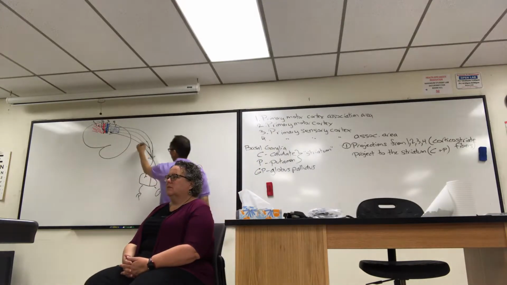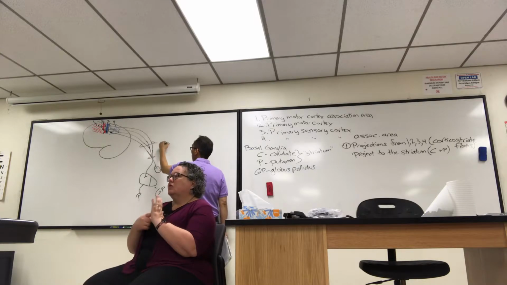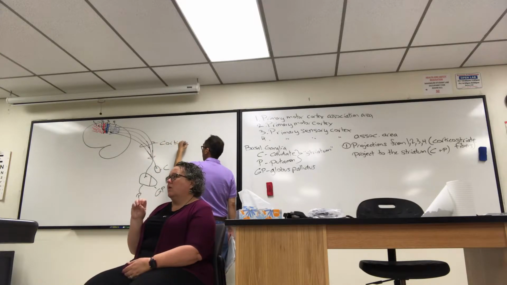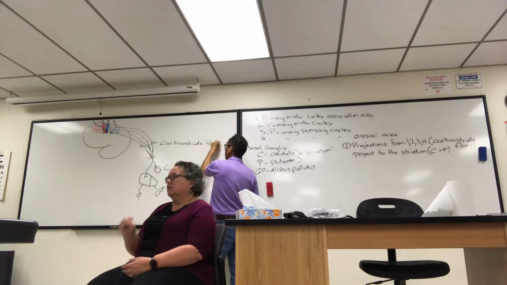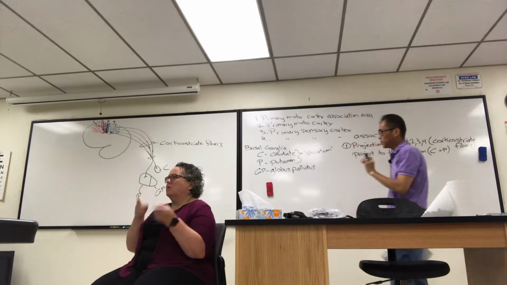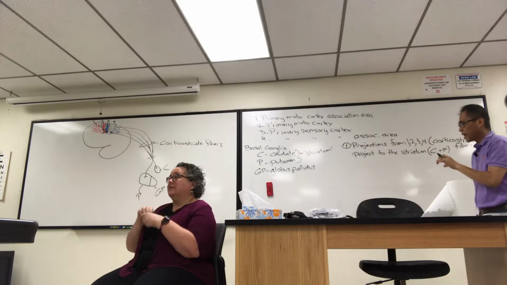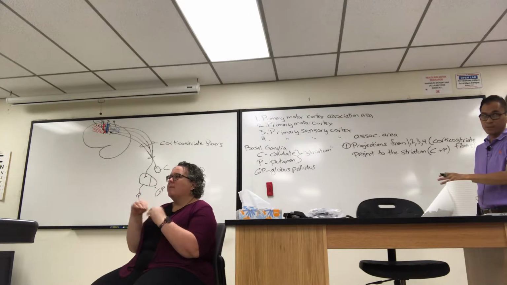In my diagram, these 4 lines represent my corticostriate fibers. And think about what's going on here. You have 2 little spots in the brain, the striatum, that's receiving all the motor and all the sensory input.